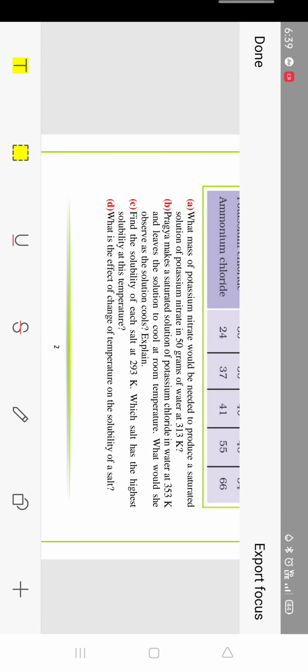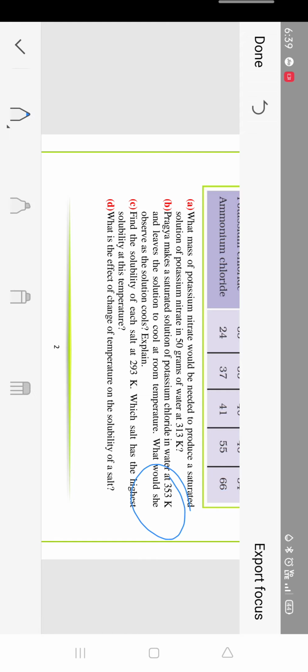Now come to the next question. Pragya makes a saturated solution of potassium chloride in water at 353 Kelvin and leaves the solution to cool to room temperature. What would she observe as the solution cools? Explain. Pragya has prepared a saturated solution of potassium chloride in water, and the temperature is 353 Kelvin. Then she lets the solution cool to room temperature.